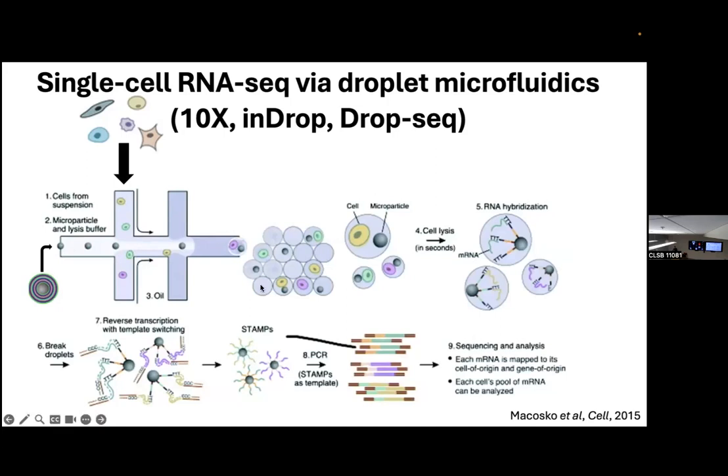So the ideal case is you have this little oil bubble. Inside there is a cell and a bead, and hopefully no other cell and no other bead, although that does happen at some frequency. You're going to also have lots of empty droplets, and that's expected. There's also going to be some ambient RNA material that gets picked up in the process that we can talk about later too.